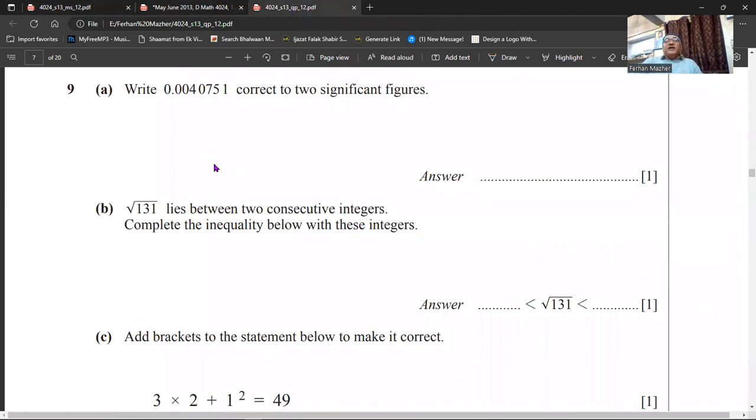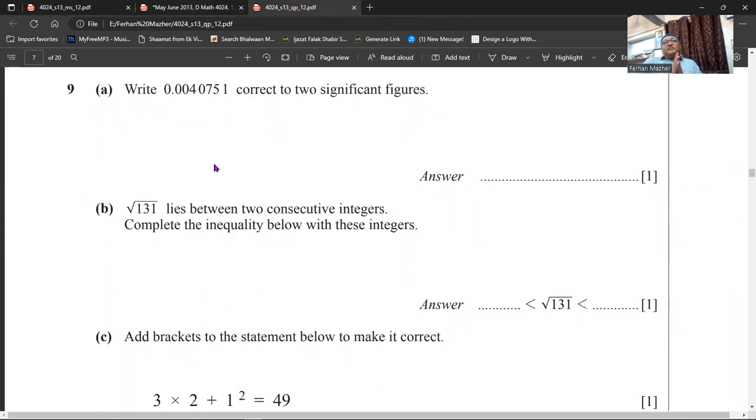Question number 9, B part. He says the square root of 131 lies between 2 consecutive integers. Complete the inequality below with these integers. Smaller than 131, the square number which comes to mind is 121, which is the square of 11.